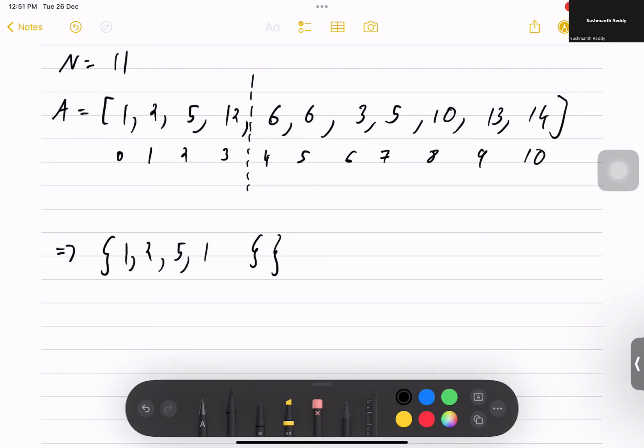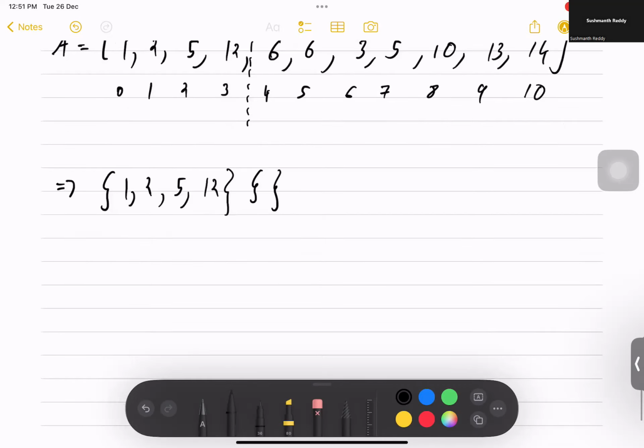5, 12. This is the longest prefix that we can have. That means for an empty suffix, the number of prefixes that will satisfy it is the length of the prefix plus 1. The prefixes here are 1, then 1, 2, then 1, 2, 5, then 1, 2, 5, 12.